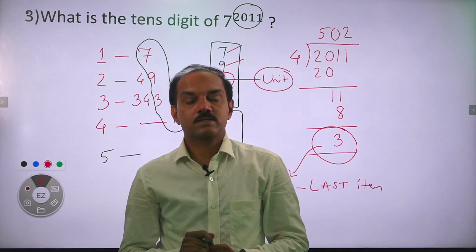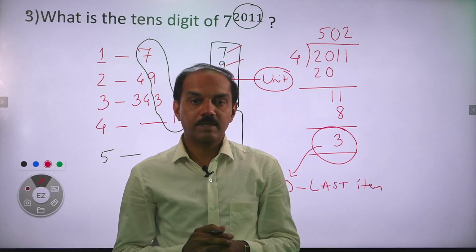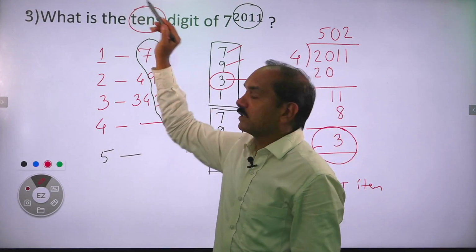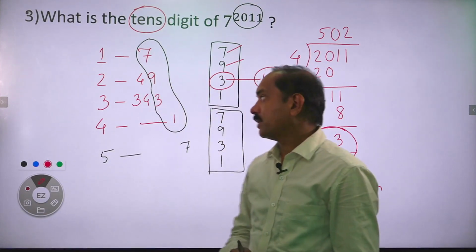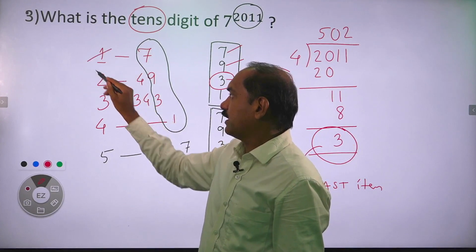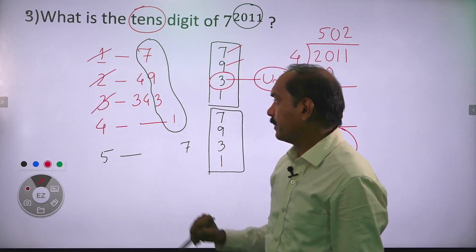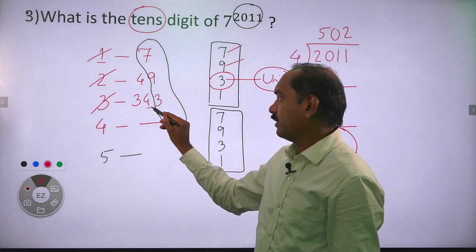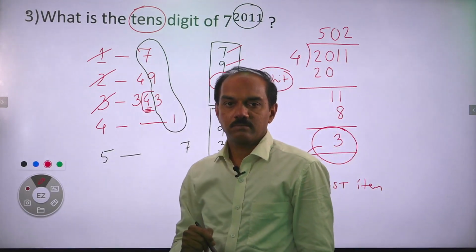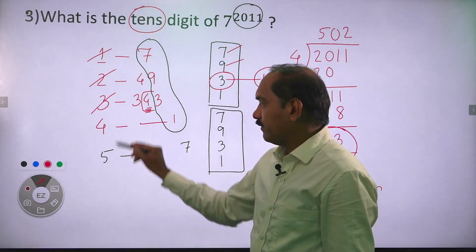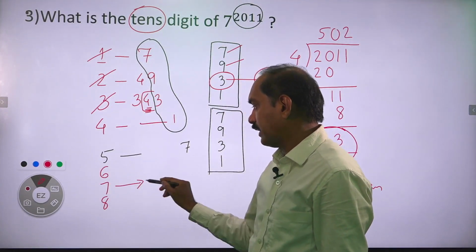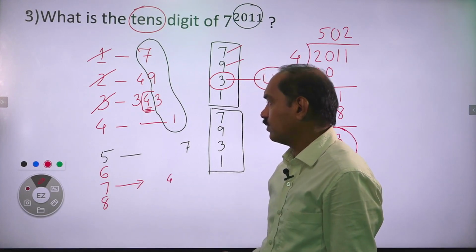Now let us concentrate on 10th place, because in this problem he is asking us to concentrate on only the 10th place. Okay, so first item, second item, third item. If you check out the third item, in the 10th place we have got 4. Even if you take this one, 5, 6, 7, 8, check this item, third item, again you will come across 4.